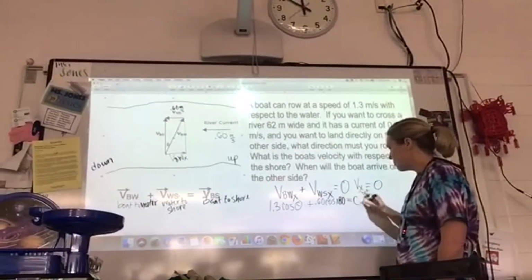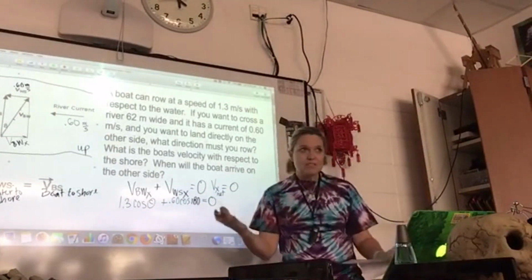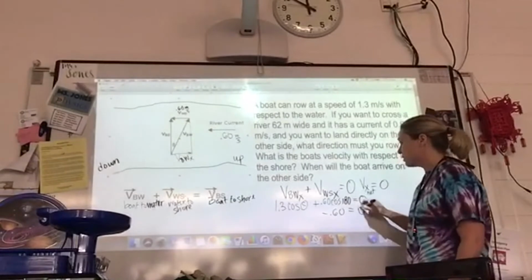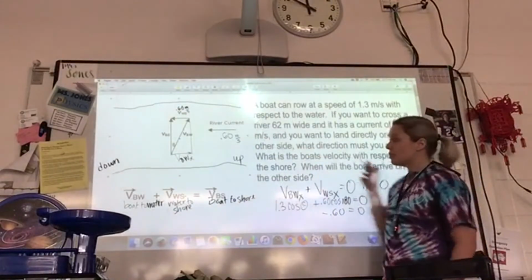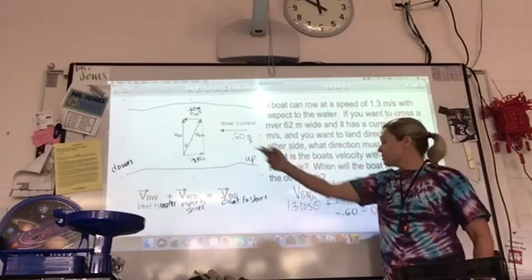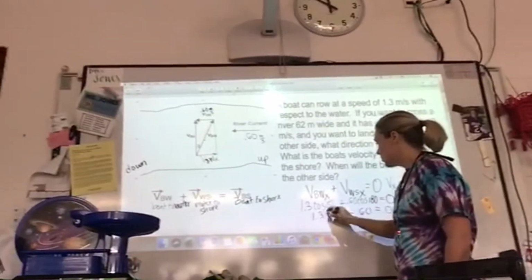What is the cosine of 180? Negative 1. I'm just proving mathematically how we know the river is 0.60 to the left. We need this to be 0.60 to the right, in other words.